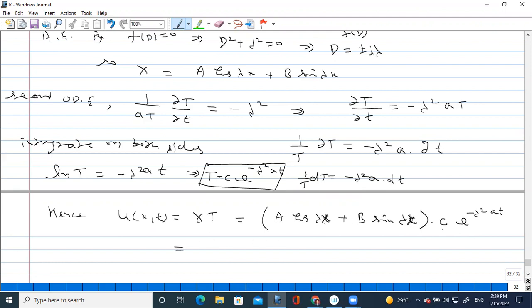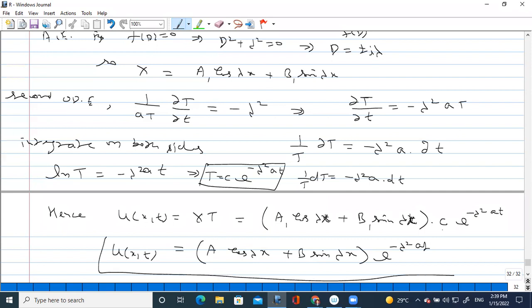Understood? Just for remembering, here you take a dash, b dash. Don't take a dash b dash, just take a1 b1. So these are a1 b1. Finally, when a1 is multiplied with c, it will become a. That you can write. This will be another constant. So it will be (a cos lambda x plus b sin lambda x) into e to the power minus lambda square a t.